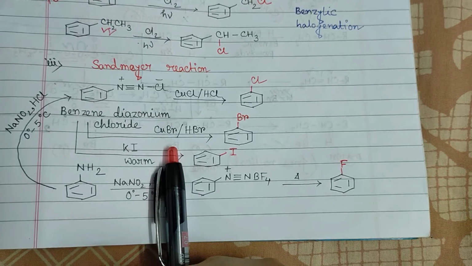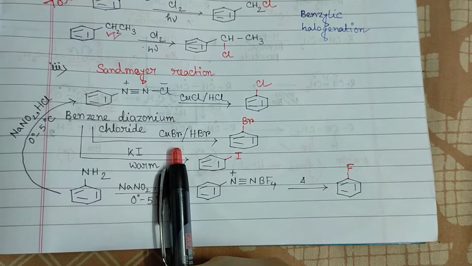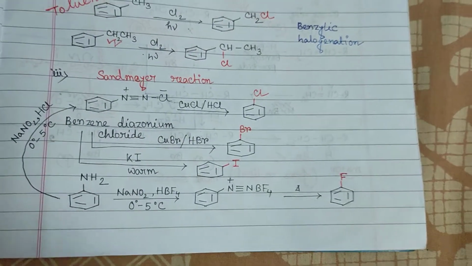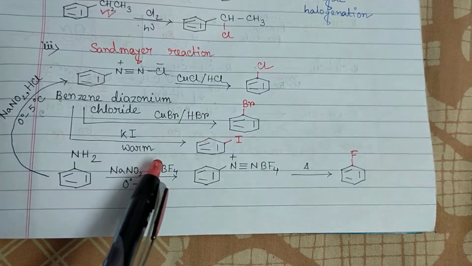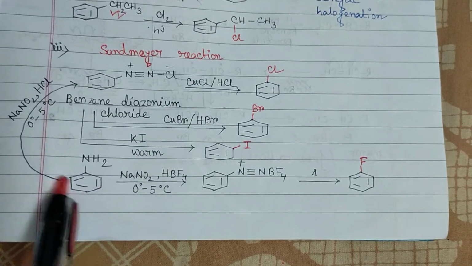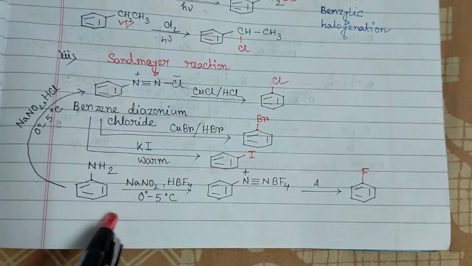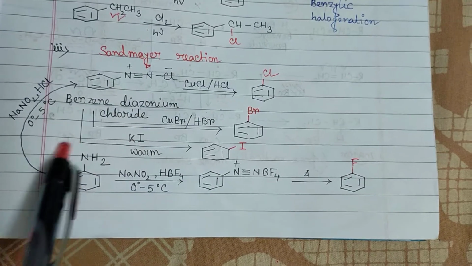This type of process cannot be done for preparation of fluorobenzene. What has to be done for that? For that, we have to make a little change in the reaction. So let us see where diazonium chloride is coming from. Diazonium chloride can be produced from aniline.